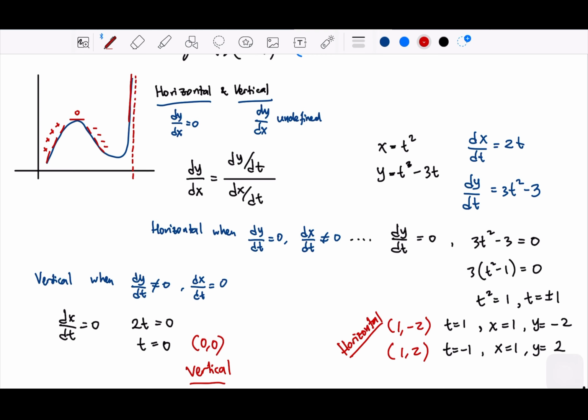So at these points, we could just take lines and then maybe imagine how the sketch will be. And maybe take some random t, just to make sure that we are going in the right direction when we draw the parametric curve.